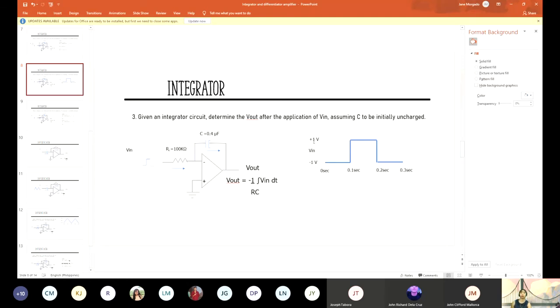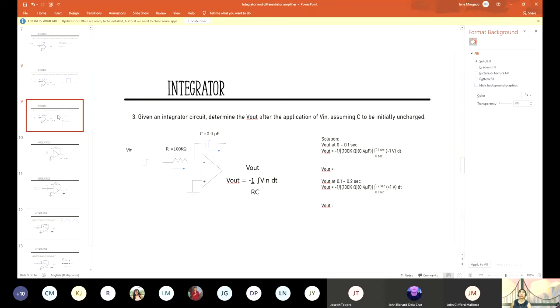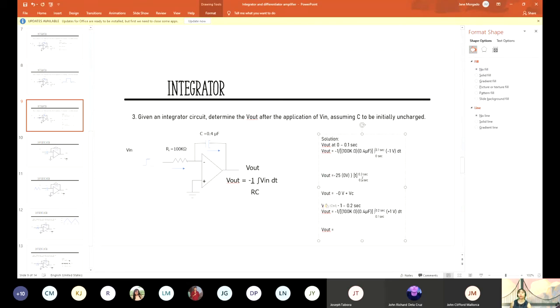What do you think will be the difference in the input voltage? It varies from -1 to +1. So how will it impact the V out? We have again -25 from 0 to 0.1.